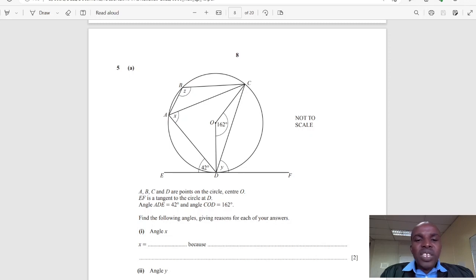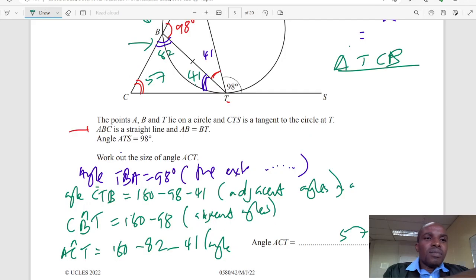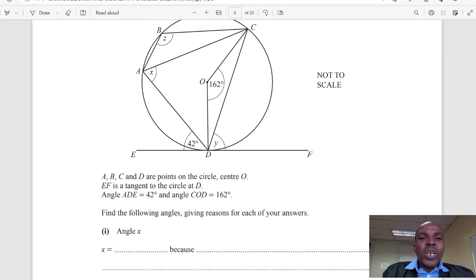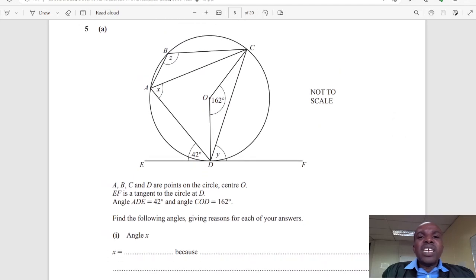They said find the following angles, giving reasons for each of your answers. You must show your reasoning.